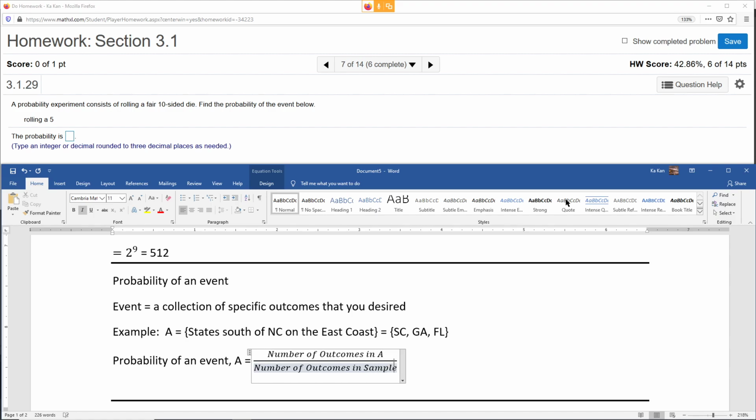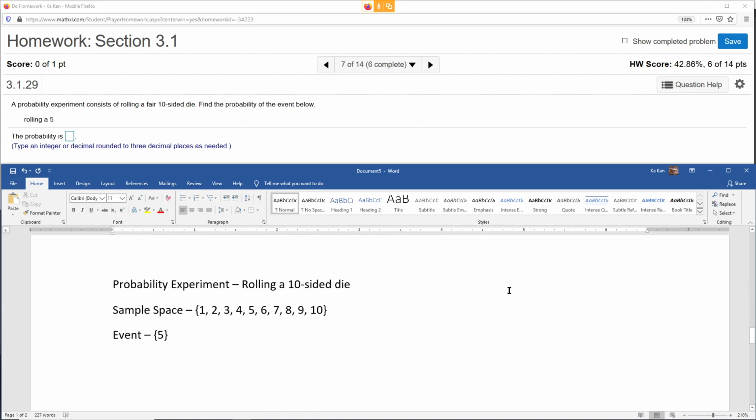It's how many outcomes you have in one event divided by all the total possible outcomes. So in our problem, okay, we want 5. That is what we want. So how many outcomes are in this event? Just 1. So that'll be 1 divided by 10, which is 0.1. Right? Or in other words, 10%.